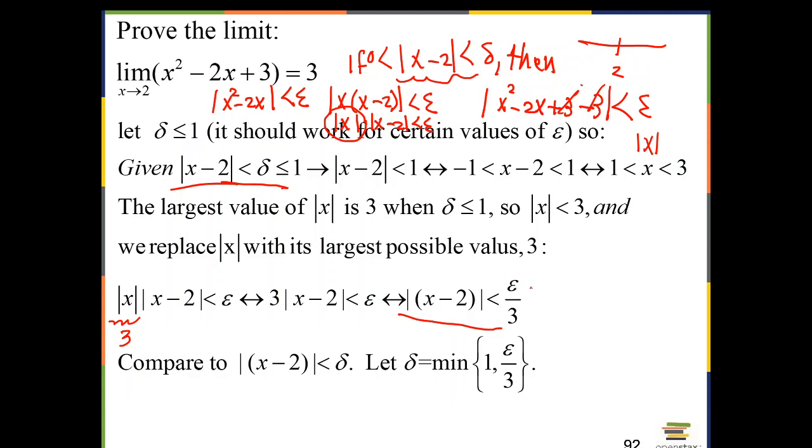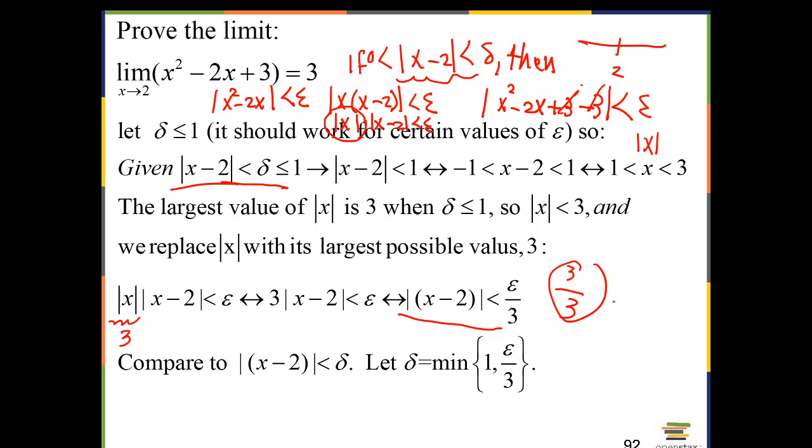So what we do here, we say, okay, if epsilon is anything greater than 3, so if epsilon is, let's say, 3, 3 over 3 is 1, and that's the delta we already have.